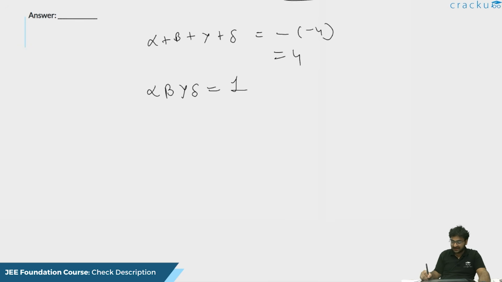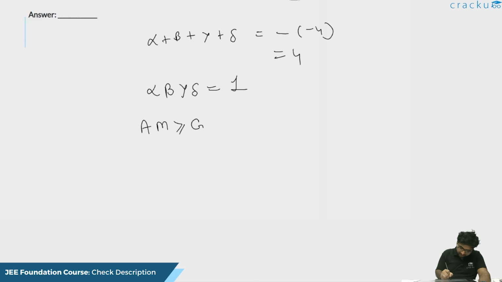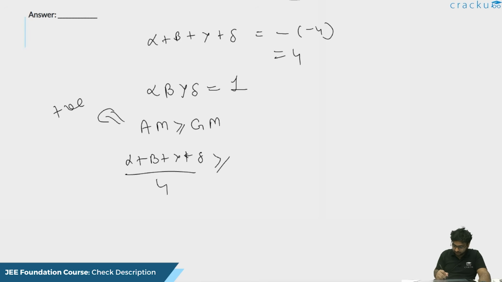Now, if you see carefully, we know AM is always greater than or equal to GM. So what will be the arithmetic mean of all the roots? As they are positive, the primary condition is satisfied, and it is already given that all the roots are positive. So alpha plus beta plus gamma plus delta upon 4 should be greater than or equal to the fourth root of alpha beta gamma delta.